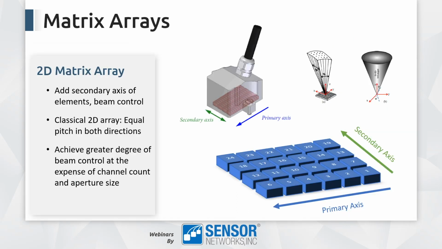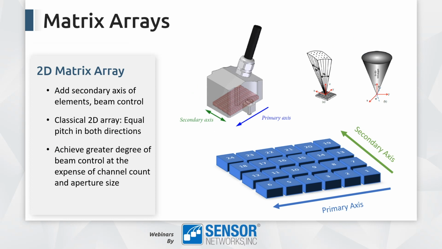So moving into matrix arrays, the idea is to create a secondary axis of beam control. And classically, you'd think of a 2D array as having an equal pitch in both directions. So I have a square element, a group of square elements. And then having that secondary axis, now you can control the beam in basically all three dimensions.